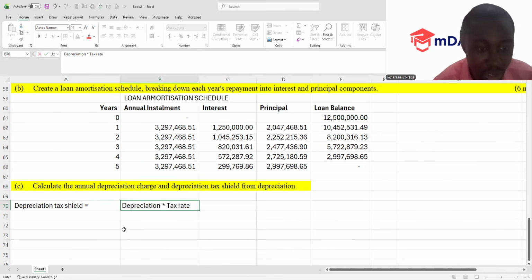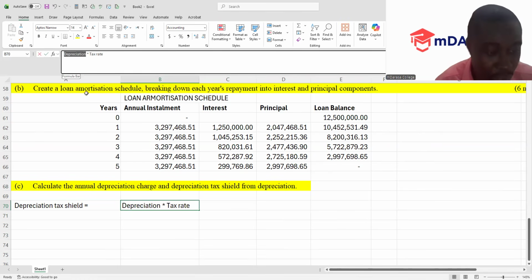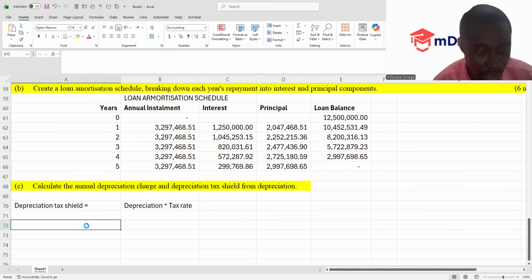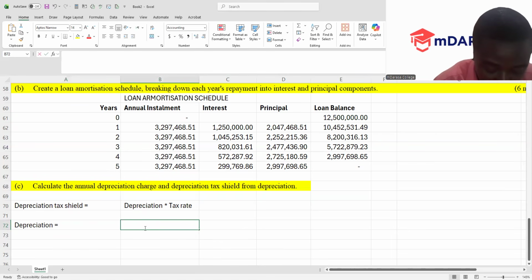This will give us our depreciation tax shield. And what about our depreciation? Given that you're told we're using straight line, it is important to recall how to go about depreciation using straight line, where we normally consider cost minus residual value if there is any.